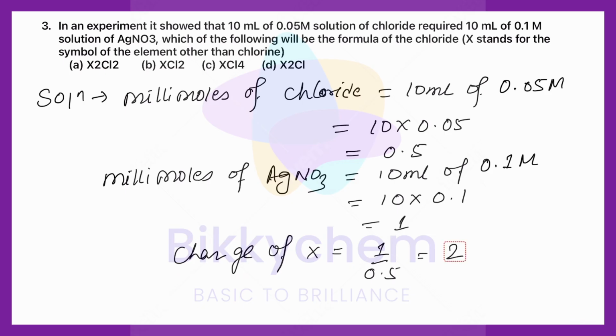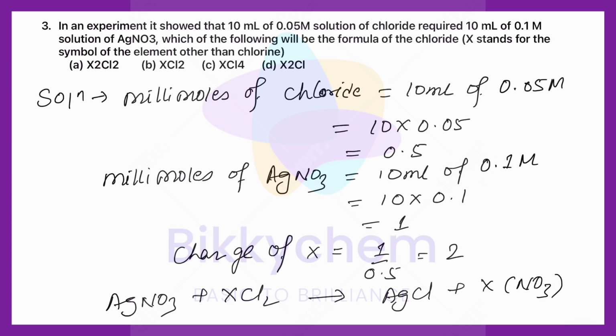Therefore the reaction will be like this: XCl2 gives... So option is B.